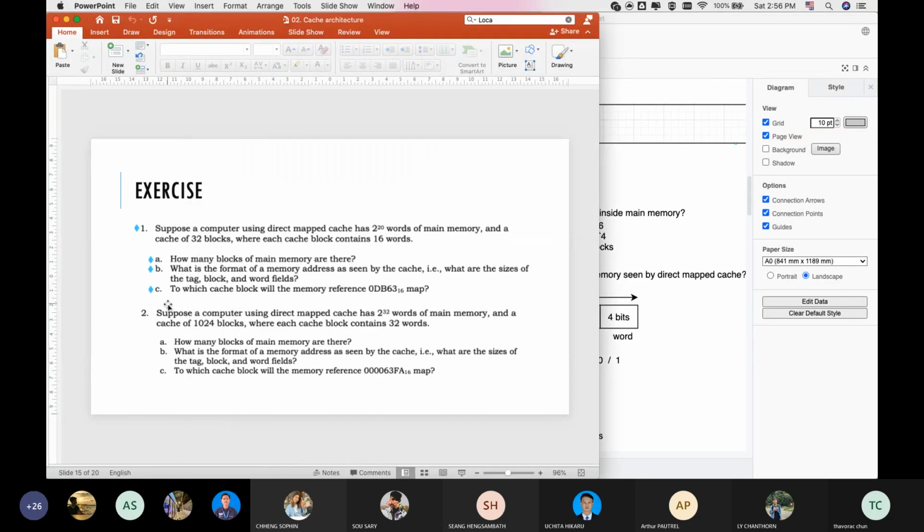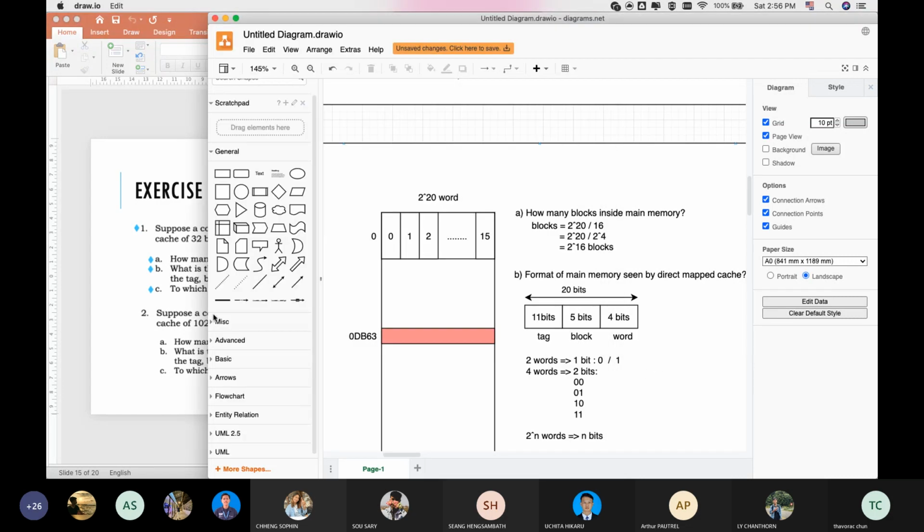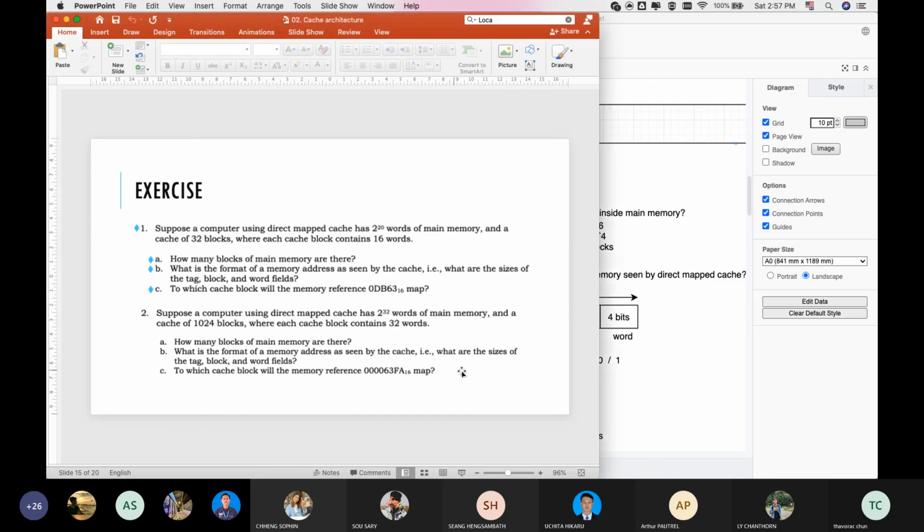2A, how many blocks of main memory are there? 2 power 27, teacher. 2 power 27, yes. Okay, let's figure it out.